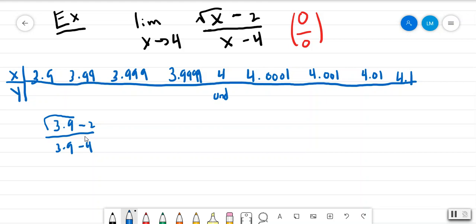Man, these get a little tricky. Okay, so I get that the approximation for this one is 0.252.